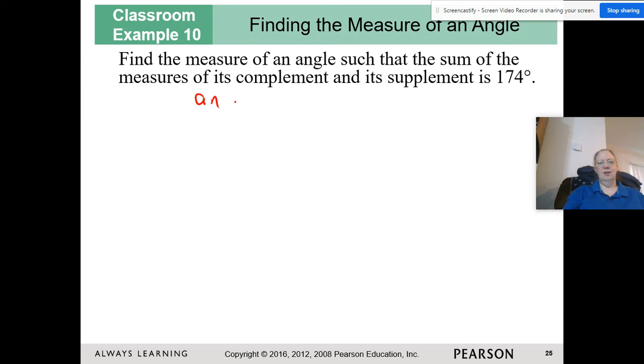Find the measure of an angle. The sum of the complement and the supplement. So we're going to be talking about the complement, and we're also going to be talking about the supplement.